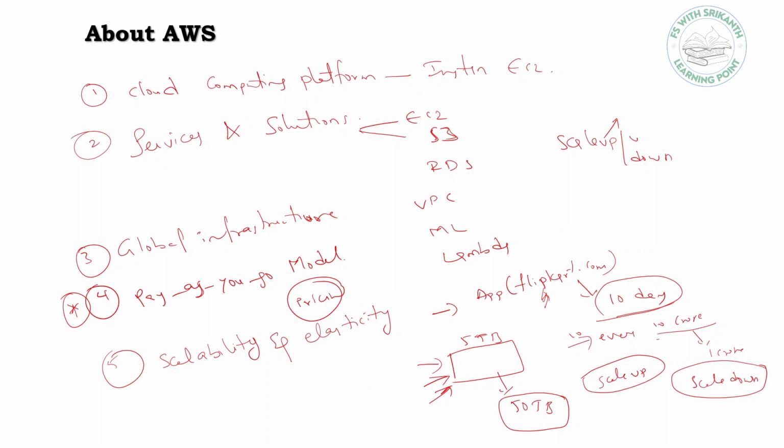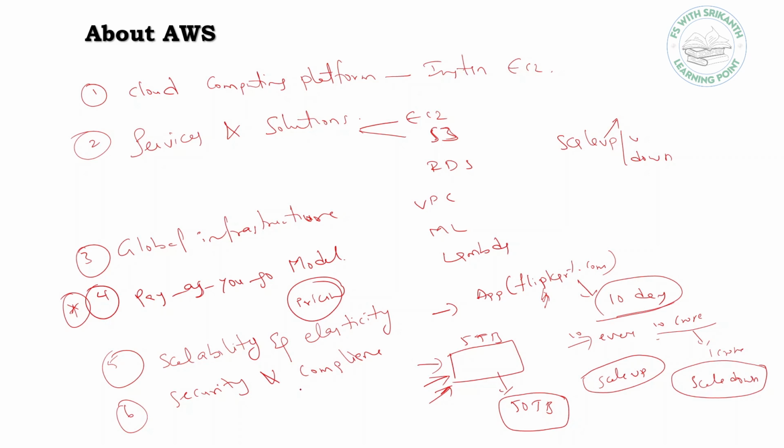So, and security, what about the security? AWS places a strong emphasis on security. It provides a wide range of security services and features to help users protect their applications and data, including encryption, identity and access management, firewalls, monitoring, and compliance with various industry standards and regulations.